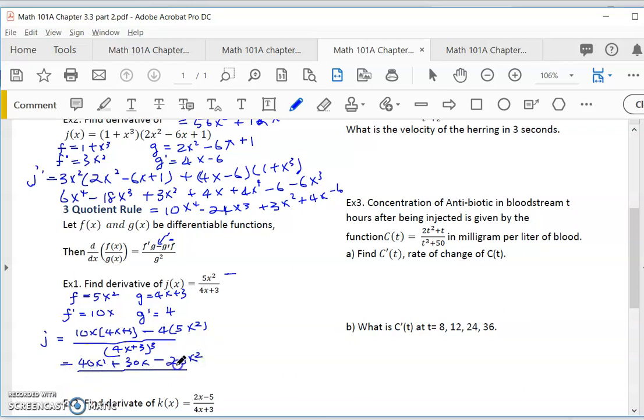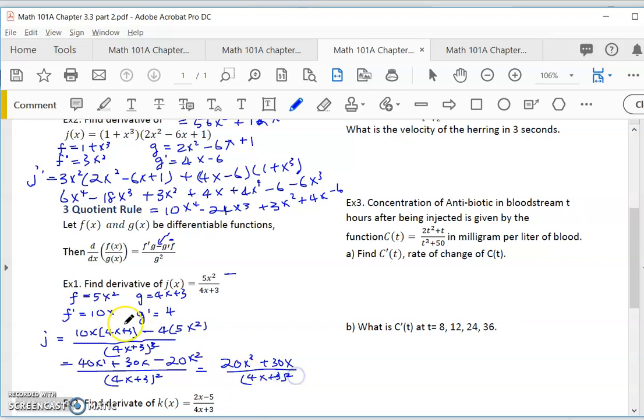So over 4x plus 3 square. It's not cube. It should be a square, right? So it's just a square. So combine like terms, the top becomes 20x squared plus 30x over 4x plus 3 square.